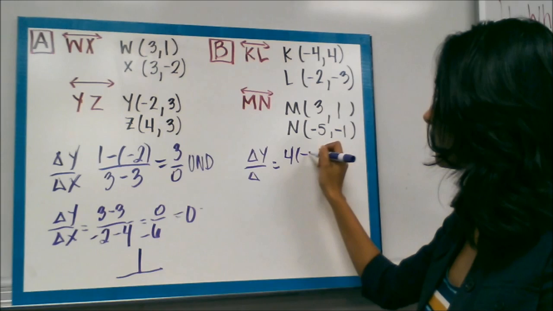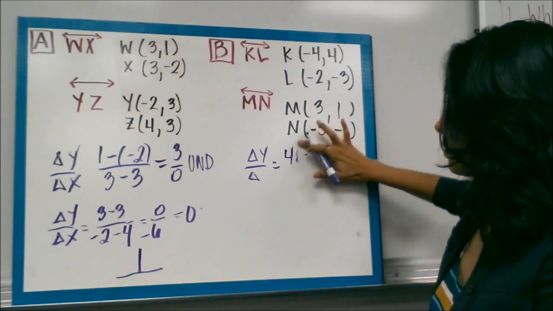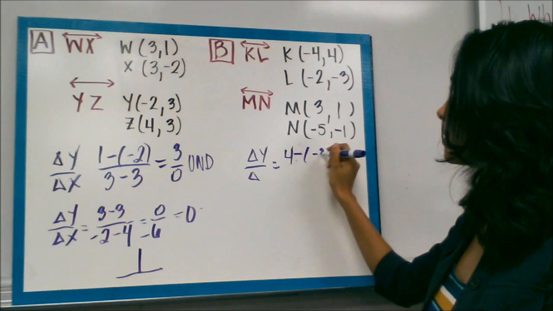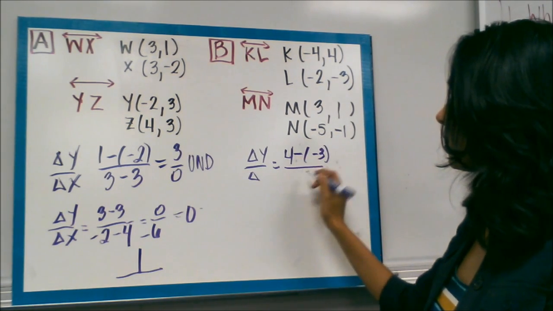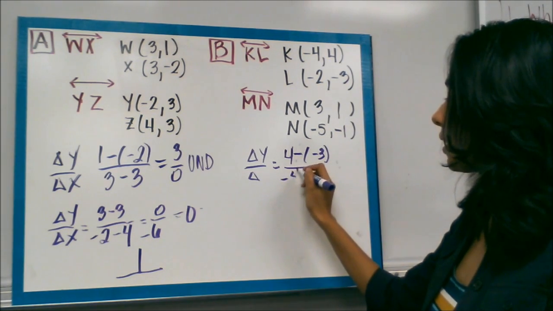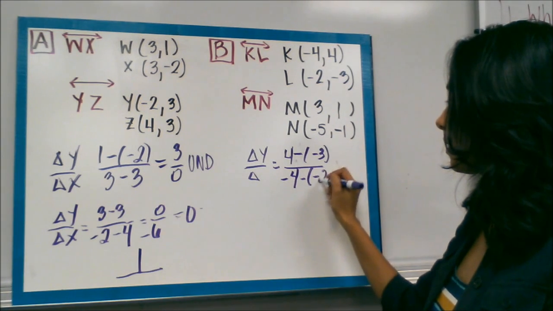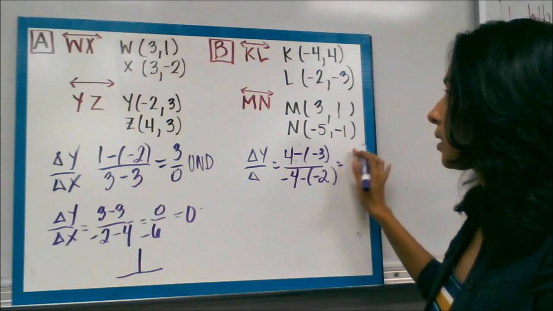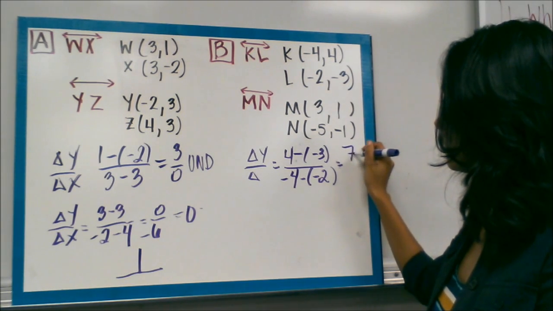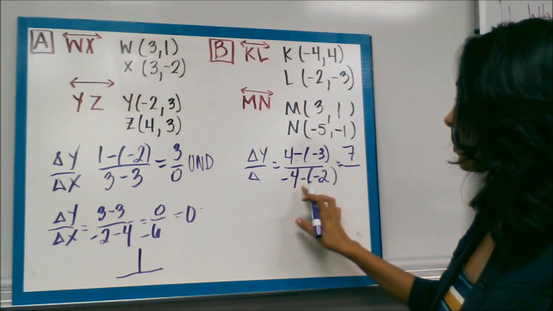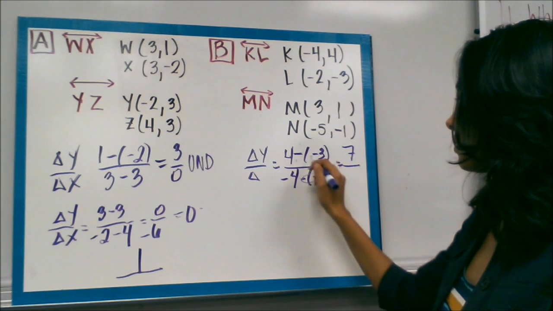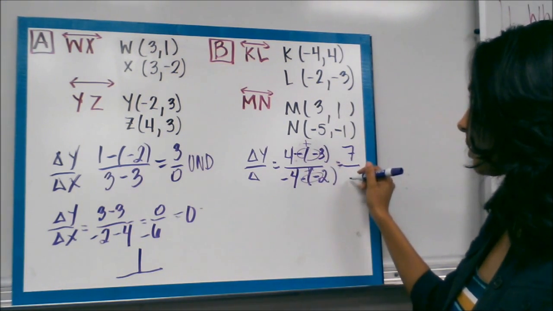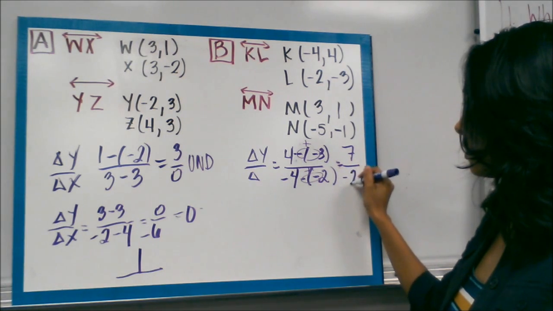I have 4, whoops, almost forgot that negative. 4 minus a -3 over a -4 minus a -2. My 4 minus a -3 gave me a +7. -4 minus a -2, these are adding, will give me a -2.